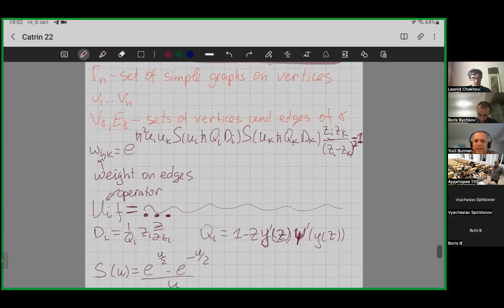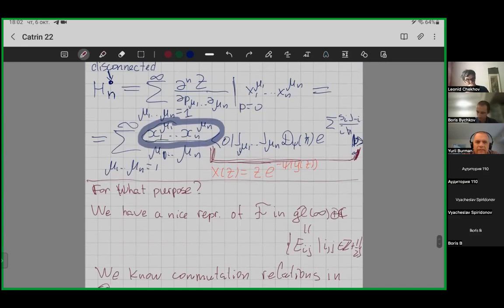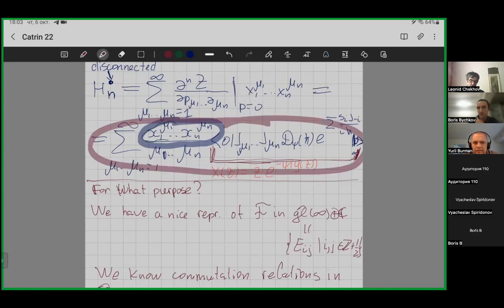For example, these correlators here, if I generalize them a little, it will not be a KP tau function, but there will still be some topological recursion. I can modify this in such a way that it will no longer be a KP tau function, still obtainable via topological recursion.